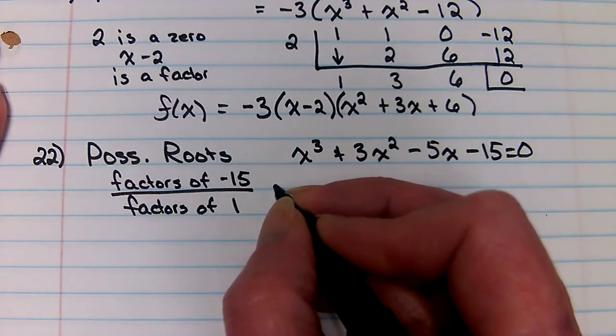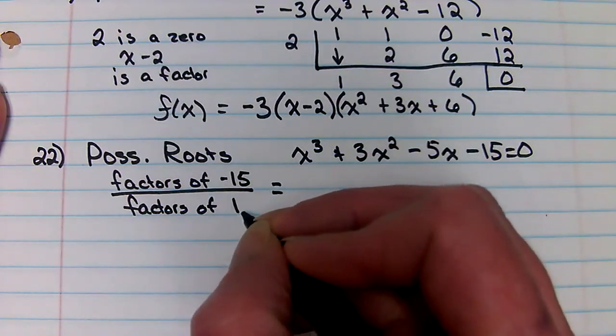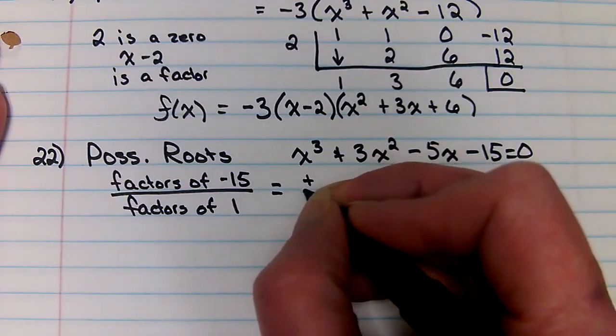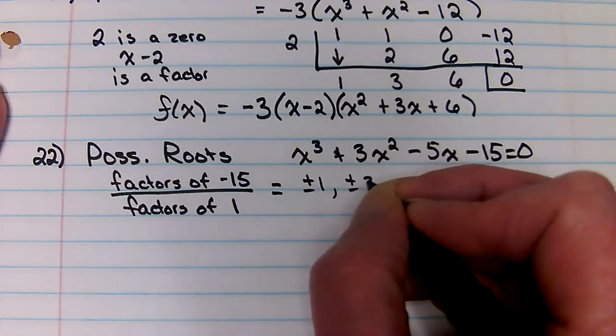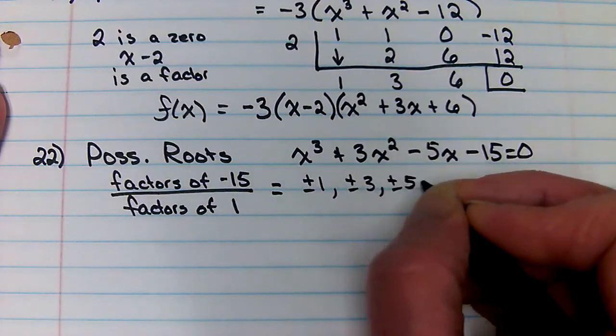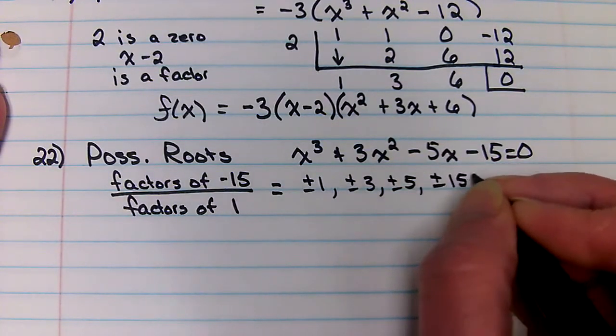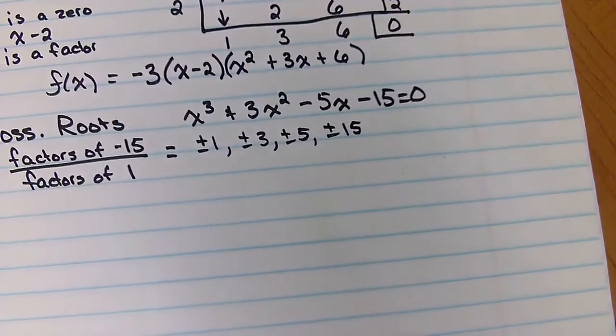So factors of 15 would be 1, 3, 5, and 15. I'm dividing by 1. So that's easy. Plus or minus 1, plus or minus 3, plus or minus 5, and plus or minus 15. Those are my only options.